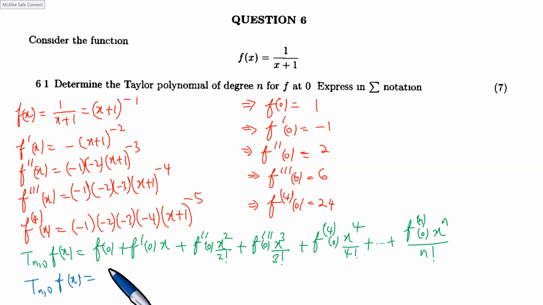What is f at 0? It is 1. F primed at 0 is minus 1. Double primed is 2. Triple primed is 6.